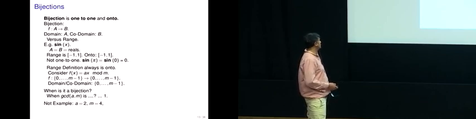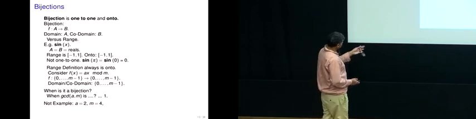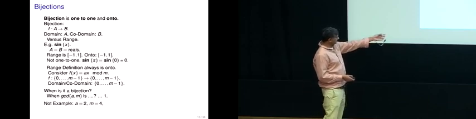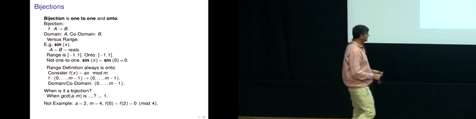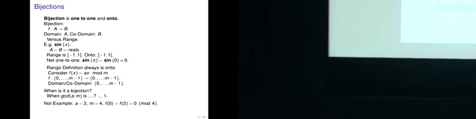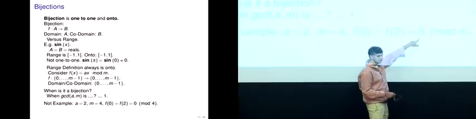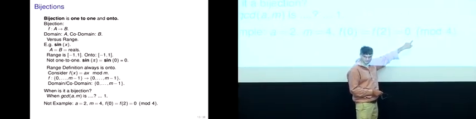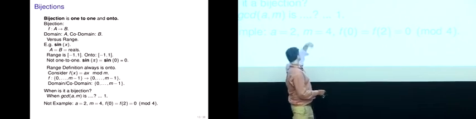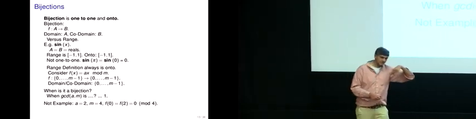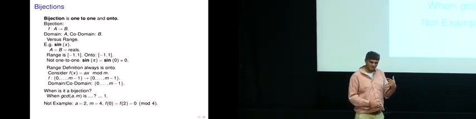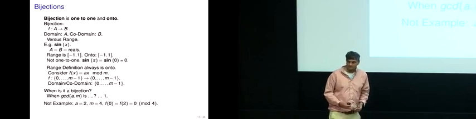An example of a non-bijection: if a equals 2 and m equals 4, then 0 and 2 both map to the same element in the range. So there's no inverse function; you don't know where you came from. The inverse function of f of x equals ax is a inverse times x. If you apply a inverse to a times x, you get back x.